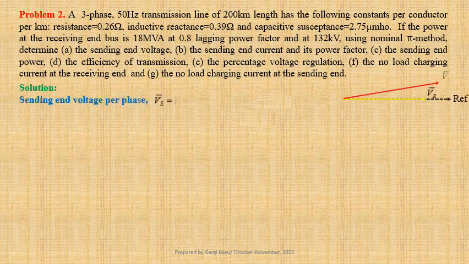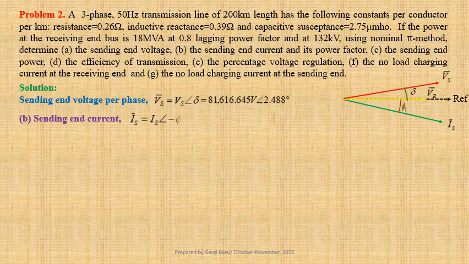We have obtained sending end voltage per phase Vs equals to Vs at an angle delta equals to 81,616.645 volt at an angle 2.488 degree, and sending end current Is equals to Is at an angle minus phi 1 equals to 62.1333 ampere at an angle minus 3.6143 degree.